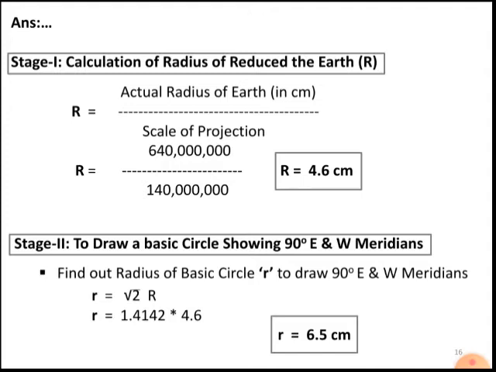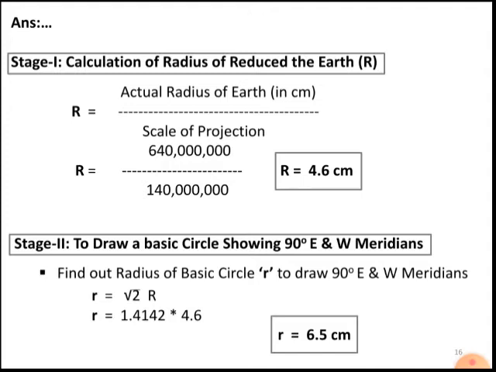So 4.6 centimeter is the capital R that you have to keep in mind, and this is called the reduced Earth. That means we have reduced the actual Earth to the given scale, and by that scale we got the radius of the reduced Earth to draw on paper, that is 4.6 centimeter, right?